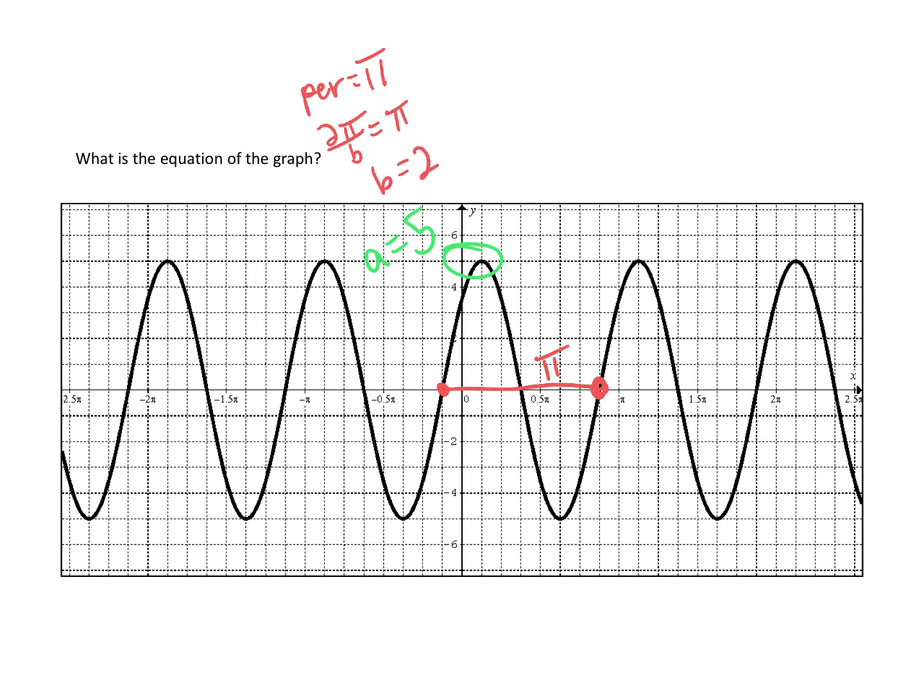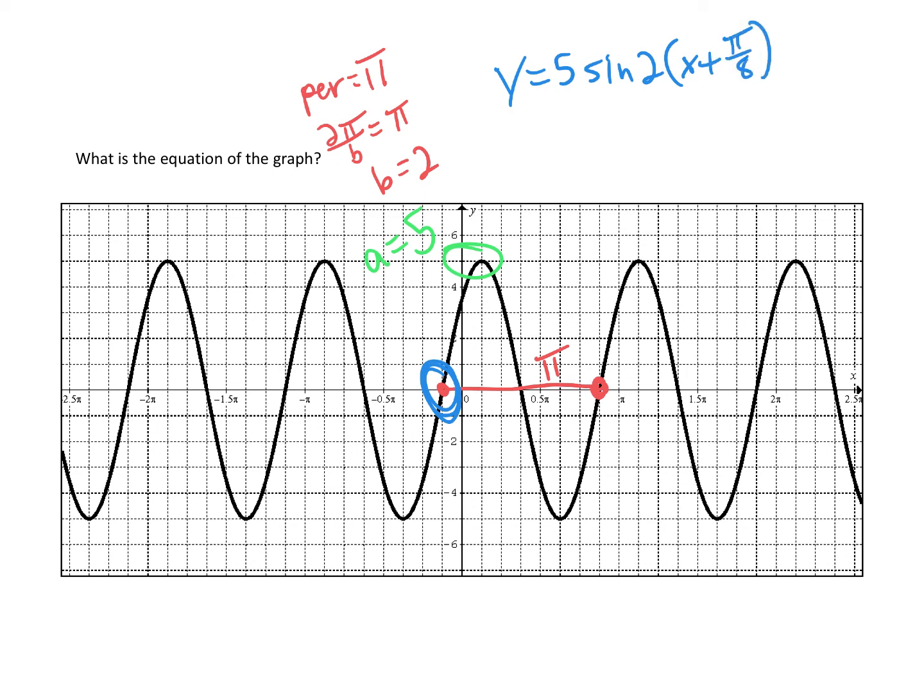Now, we do have a phase shift here. If you're going to start with sine, you start at this point. So y equals 5 sine 2x, and this will be plus pi over 8 because it's a left shift.